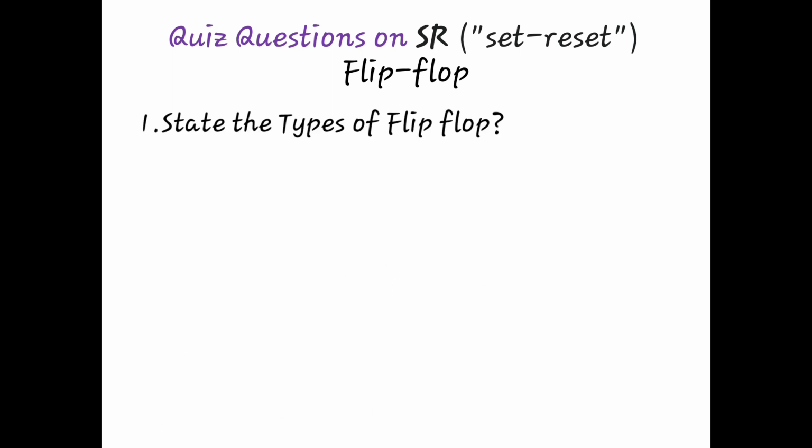Here the types of flip-flops are classified into SR, JK, T and D. T is called toggle flip-flop. D is called delay flip-flop. For delay flip-flop, whatever input is given as D will be considered as its next state.